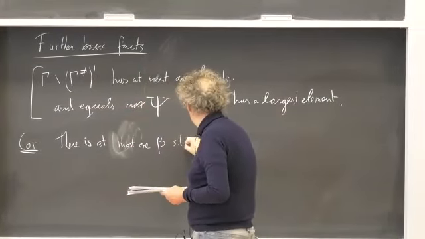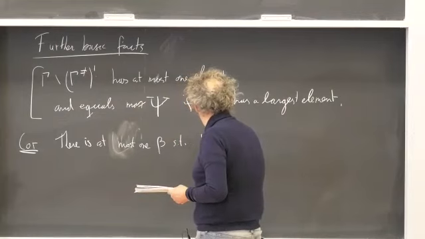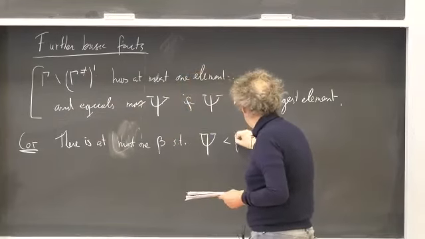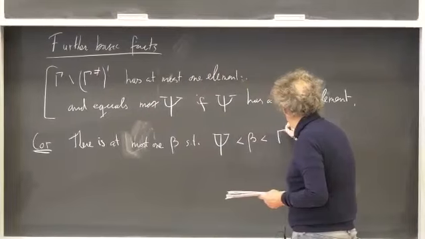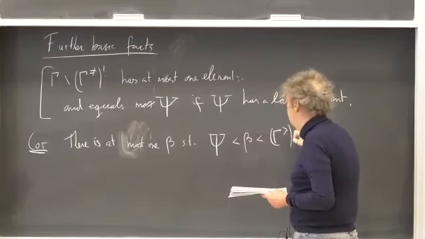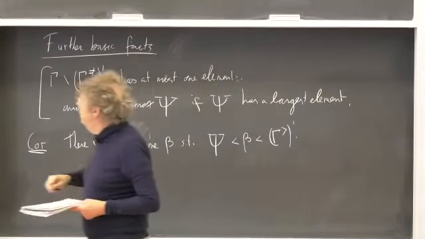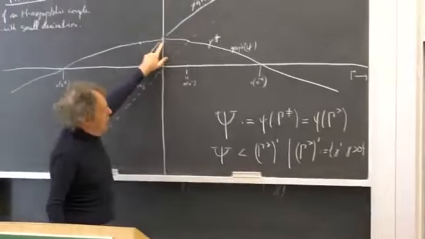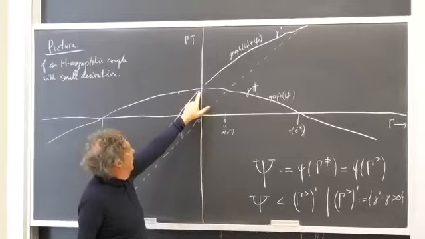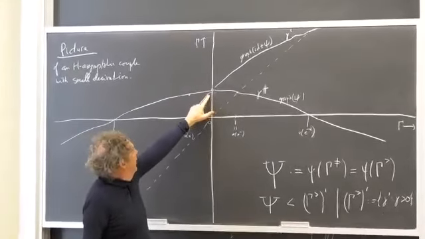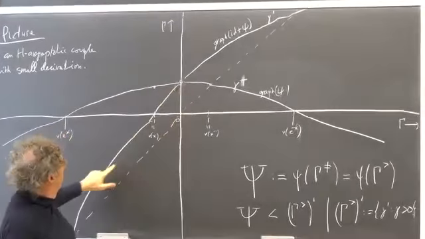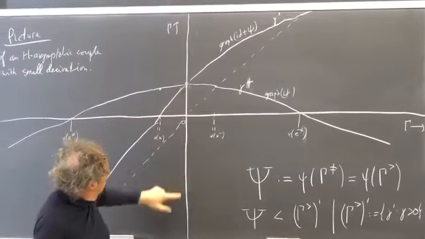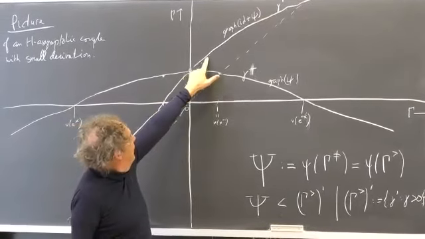such that capital Psi is less than beta, less than gamma prime. Right, so there must be a beta that is bigger than all the things here and less than everything there.